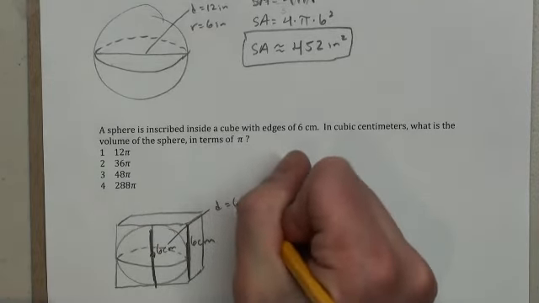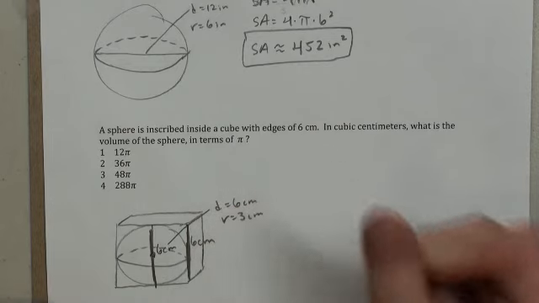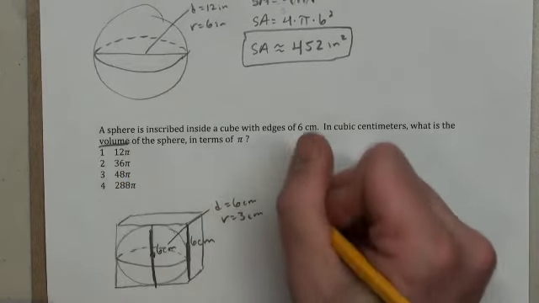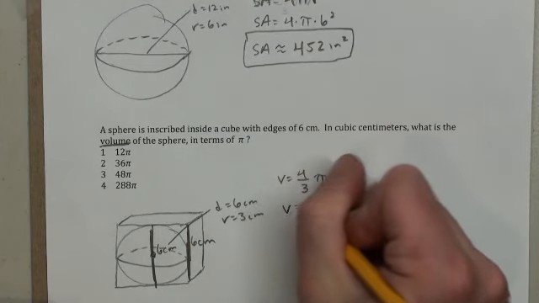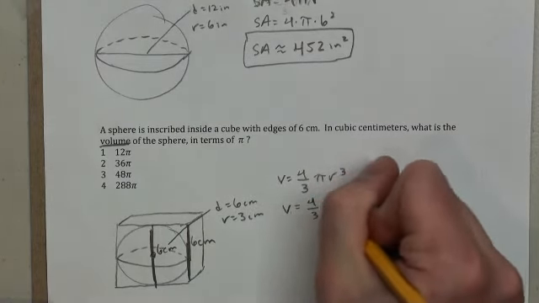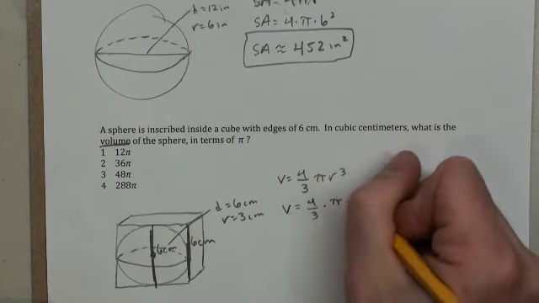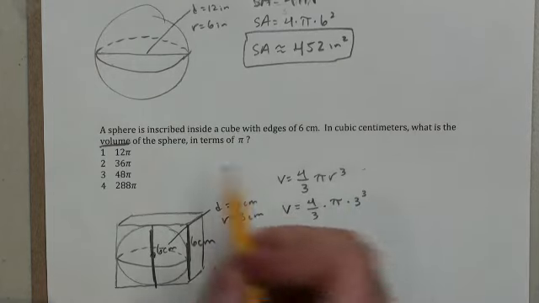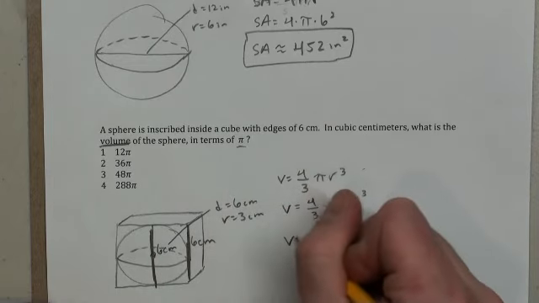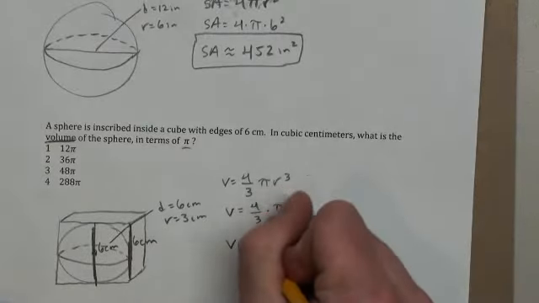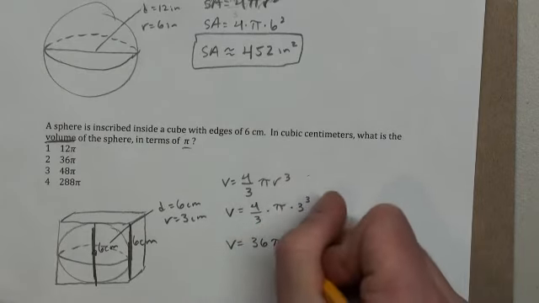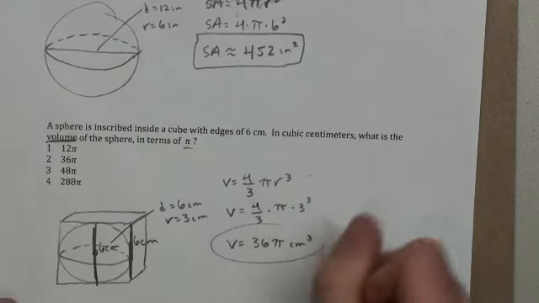So the diameter is 6 centimeters, so the radius is 3 centimeters. What is the volume, and they want it in terms of pi. So we just do 4/3 times 3 cubed, 36 pi centimeters cubed.